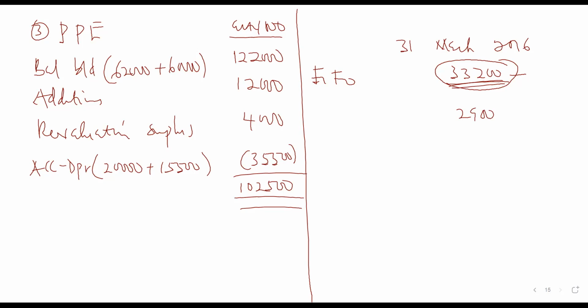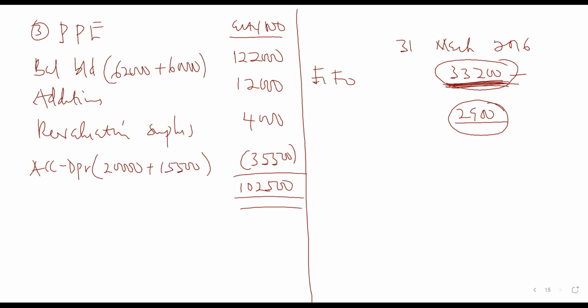FIFO is 33,200. Weighted average is 30,300. What is the difference? Yeah, 2,900. Okay, so it means that for the 2016 year, the closing stock, if we should be using weighted average, should have been 30,300, but they have used 33,200. They have overstated their closing stock by 2,900.